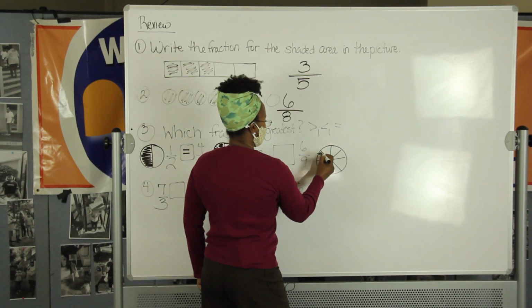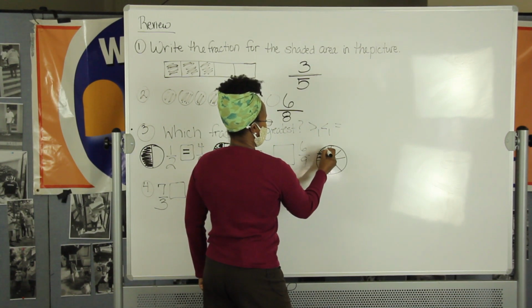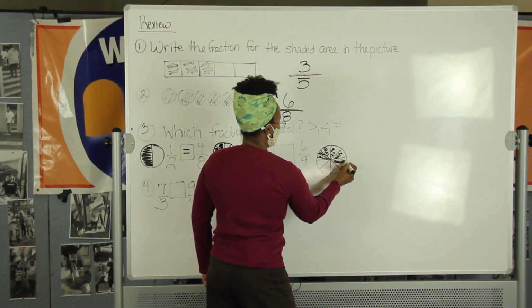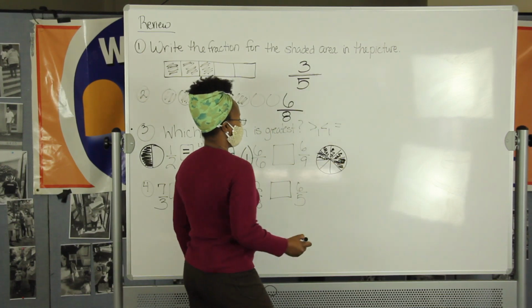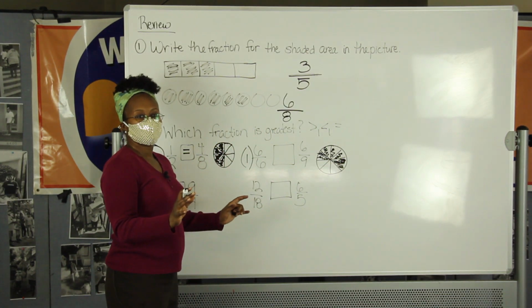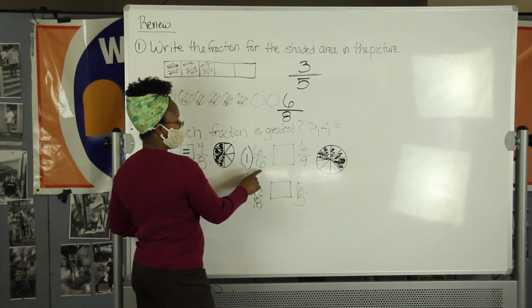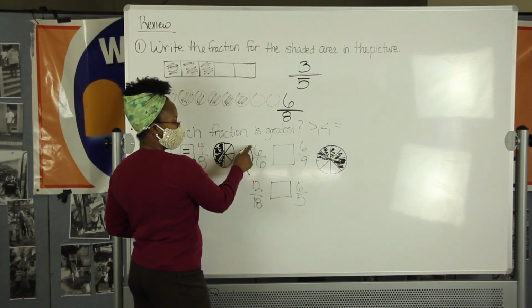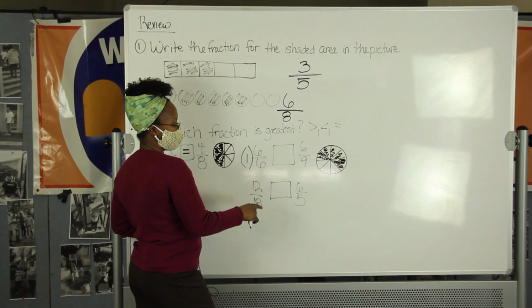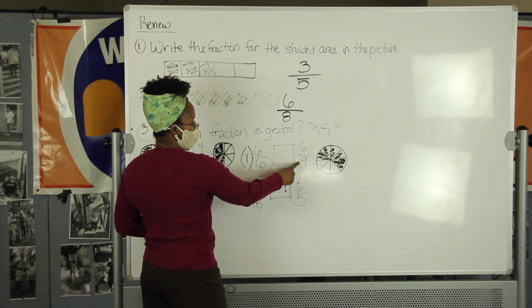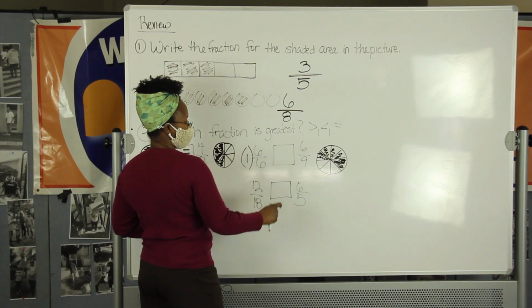And 6 of those pieces were shaded. There's no way that you can have more than a whole, because to have a whole, the denominator and the numerator must be the same. Here, in order for it to be a whole, this would have to be a 9, so it's not.